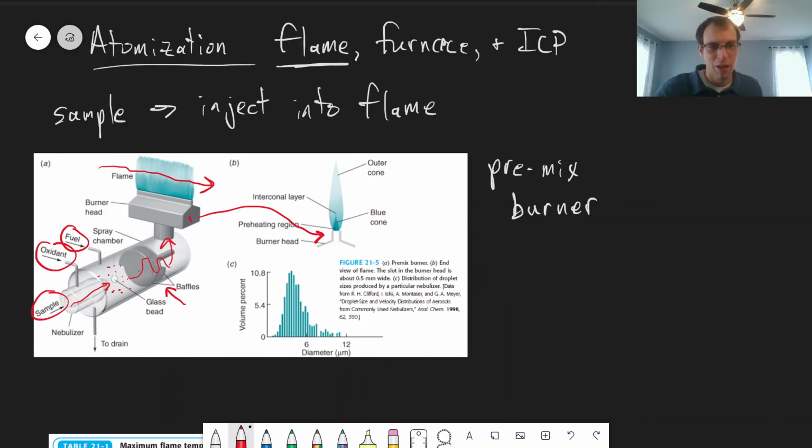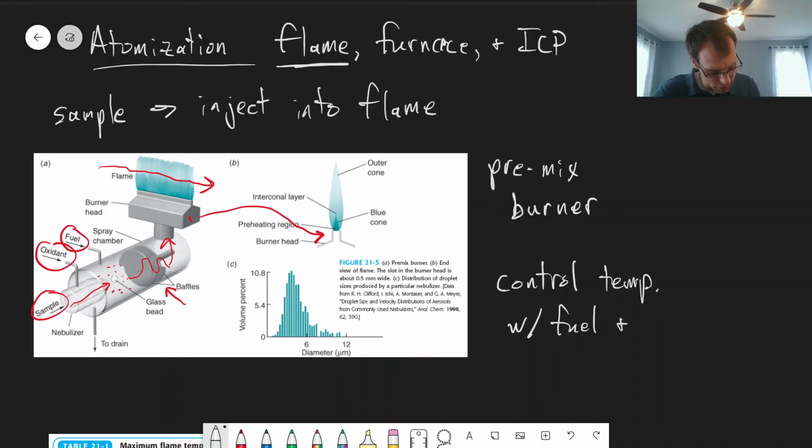Okay, and so this flame, obviously the temperature of it is going to matter for how well our sample atomizes, and depending on what sort of elements you're looking at, you may need hotter or cooler flames. And so we can control the temperature with the fuel and oxidant we choose.